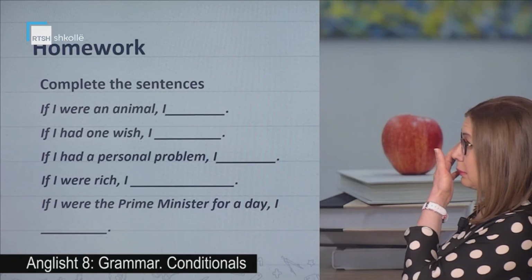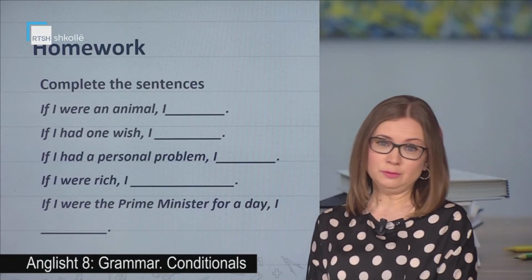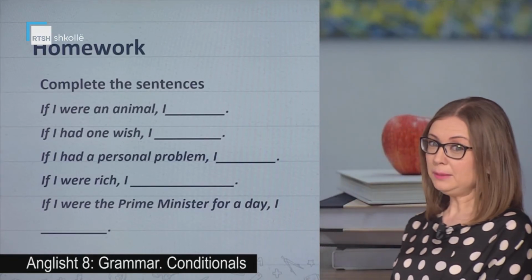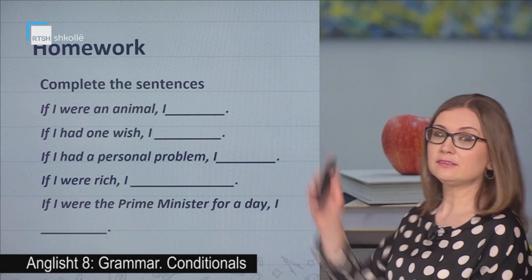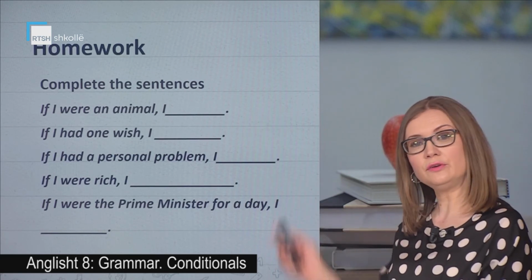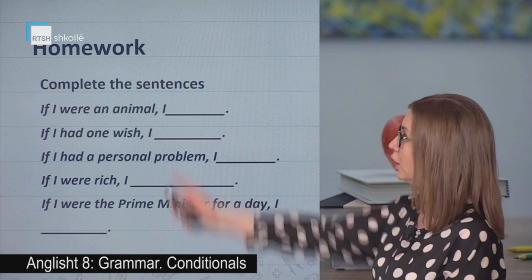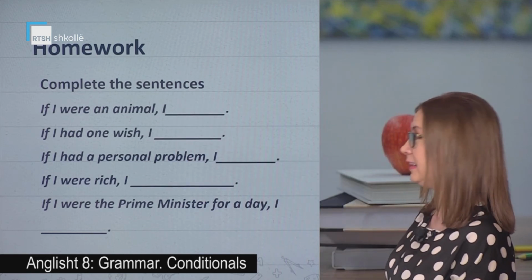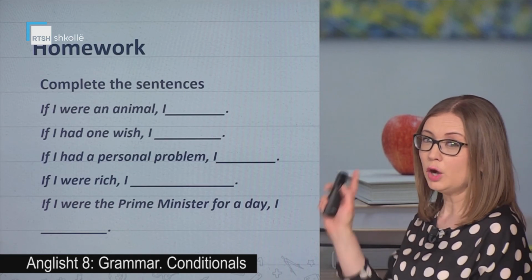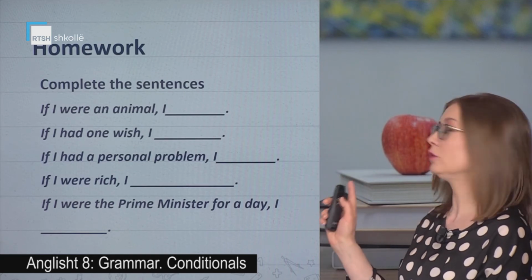So, let's talk about your homework for next time by keeping in mind all the exercises we went through together and the explanation related to the conditional clauses. You have to complete the sentences, but be careful with the right conditional clause.